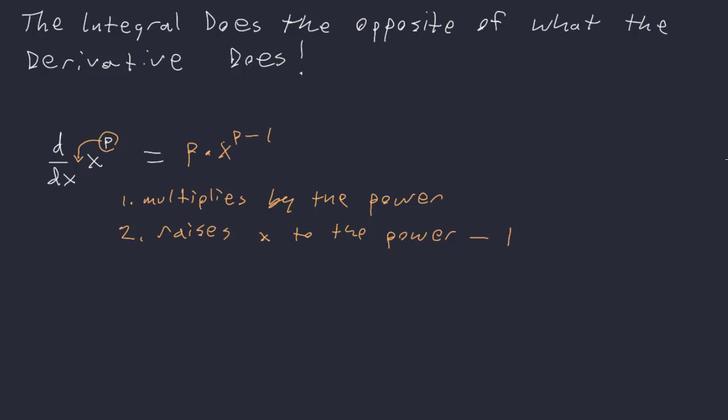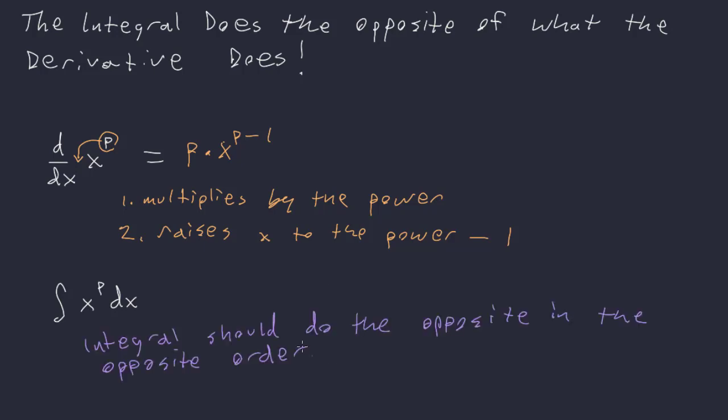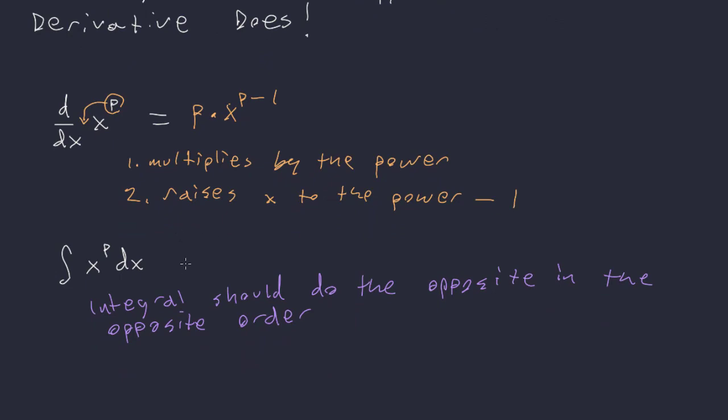On the other hand, if we have the integral of x to a power dx, well, the integral should do the opposite, in the opposite order. So we'll go in reverse through these steps. Here, step 1 will raise x to the power plus 1. So that's what I mean by opposite.